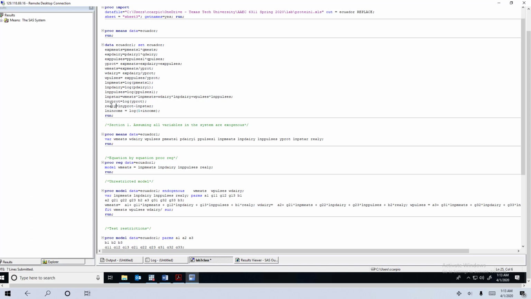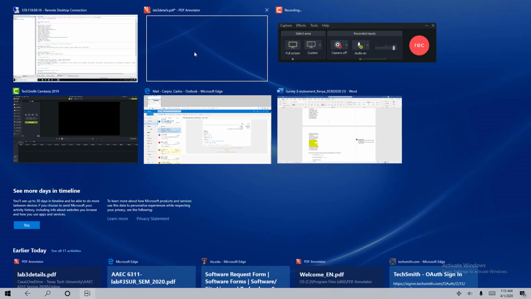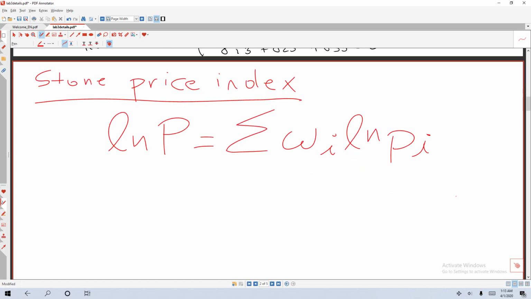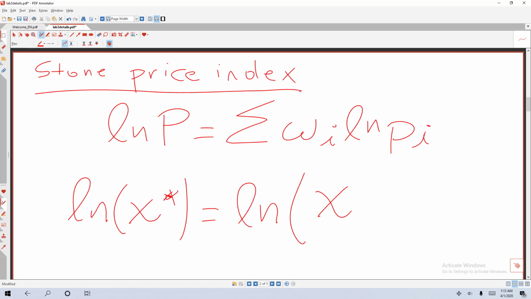Okay, so this is the log of real total expenditures. Again, I'm going to go back to give you a little bit more background. What we have there, I'm calling it the log of real total expenditures. I'm saying that's equal to the log of total expenditures divided by P.